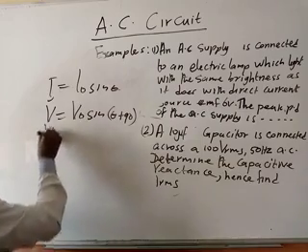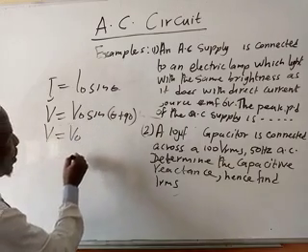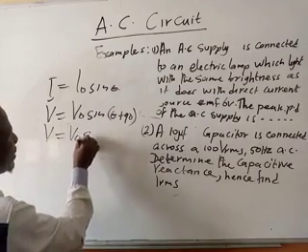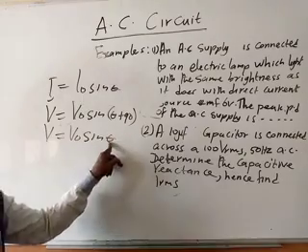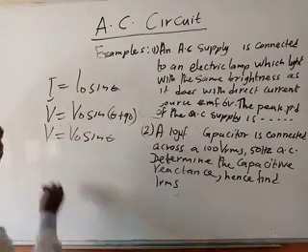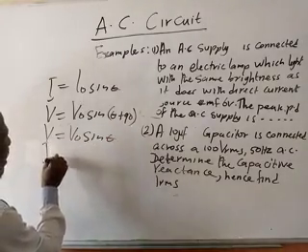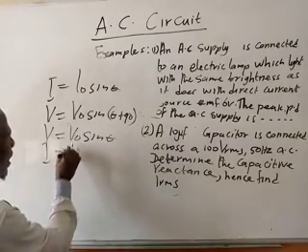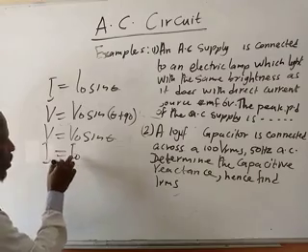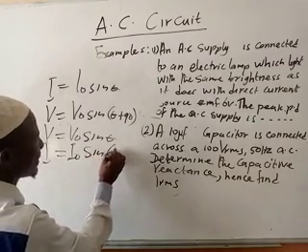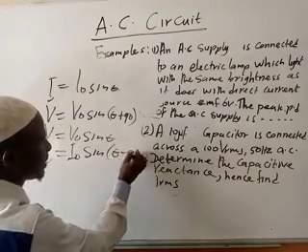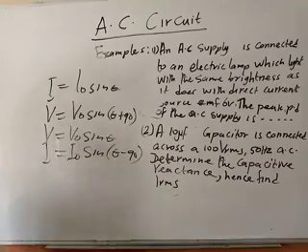Or if voltage is equal to V naught sine theta, then current will lag behind theta by 90 degrees. So current, that is instantaneous current, is equal to I naught, the peak current, sine open bracket theta minus 90 degrees. So that is that about that.